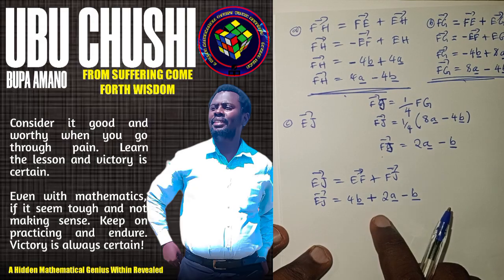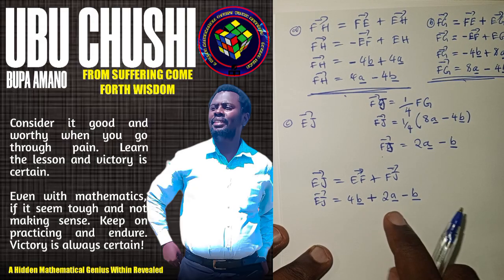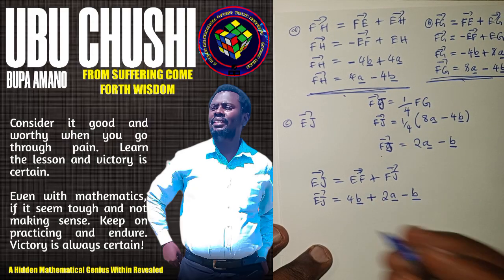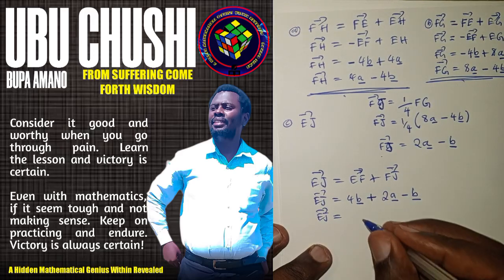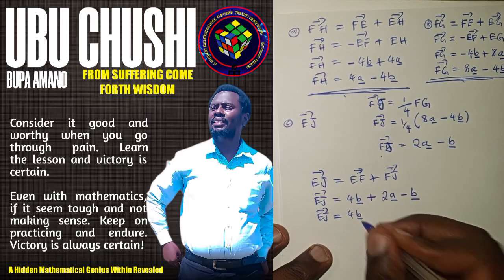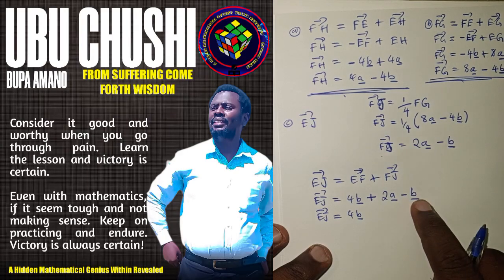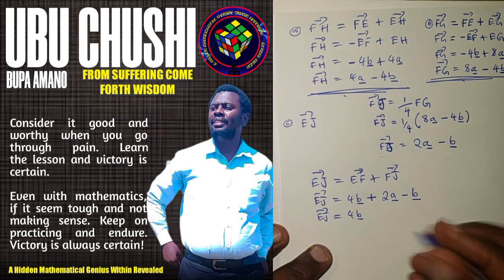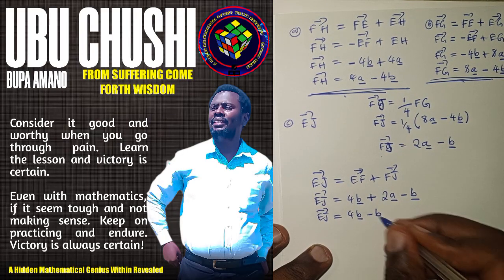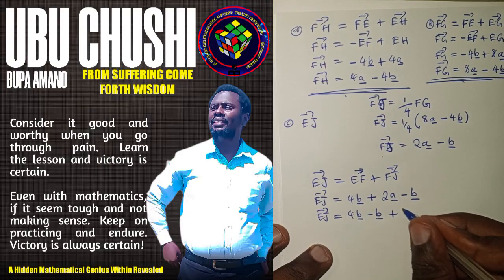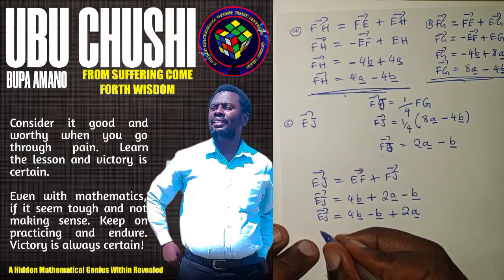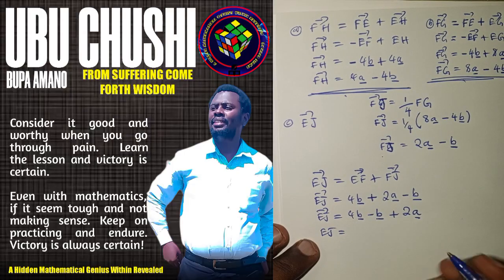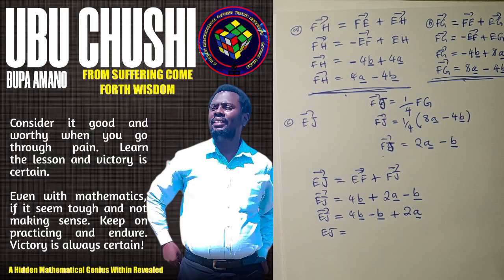Okay, now at this stage we collect like terms. Okay, so EJ is equal to 4 vector B. We'll go with minus vector B. So we have minus vector B plus 2 vector A. So EJ is equal to, what is 4 vector B minus vector B?